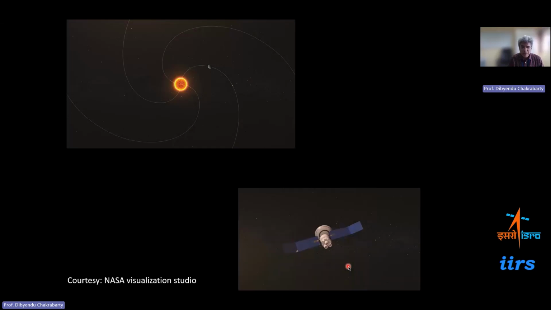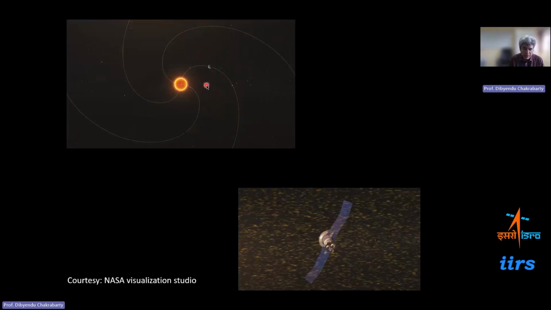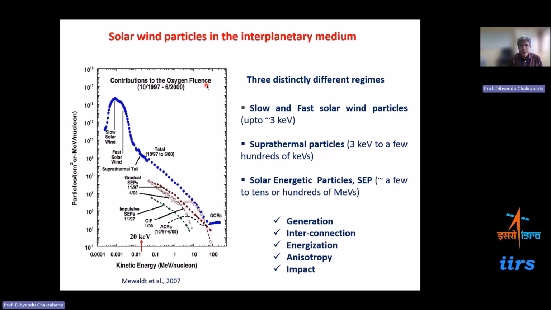When I say particles from the Sun, continuously solar wind is coming, and also energetic particles are coming from the Sun all the time. During disturbances, this intensity increases to a great extent. These particles can be of three different types. One is the slow and fast solar wind particles, where energies range up to 3 kilo electron volt. Then from 3 kilo electron volt to hundreds of kilo electron volt, there are suprathermal particles.